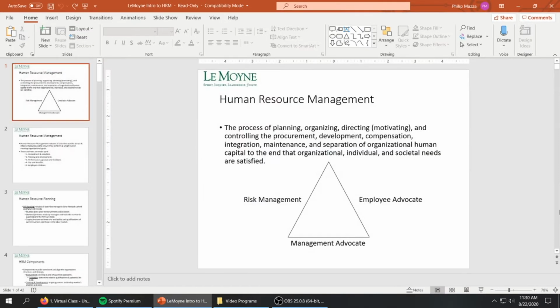We'll start right off the top with what is human resource management, and I always want you to really look at it in a simple graphic way, of a triangle. Human resource management is all about 3 things: risk management, being an employee advocate, and being an advocate of management. Very difficult to navigate through that, especially between being an employee advocate and being an advocate of management.